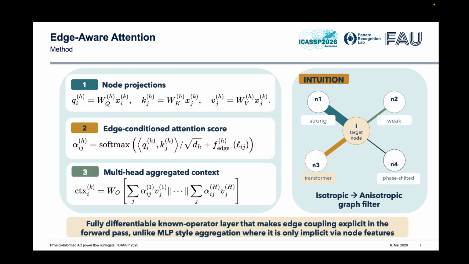So it makes an edge-conditioned attention score, where it moves from an isotropic graph filter to an anisotropic graph filter, which means that it can model the neighboring nodes' effect differently. And more importantly, this edge-aware attention works as a fully differentiable layer inside the computational graph by injecting the edge coupling explicitly in the forward path, unlike the NLP-style message aggregation where it is only implicit through the node features.